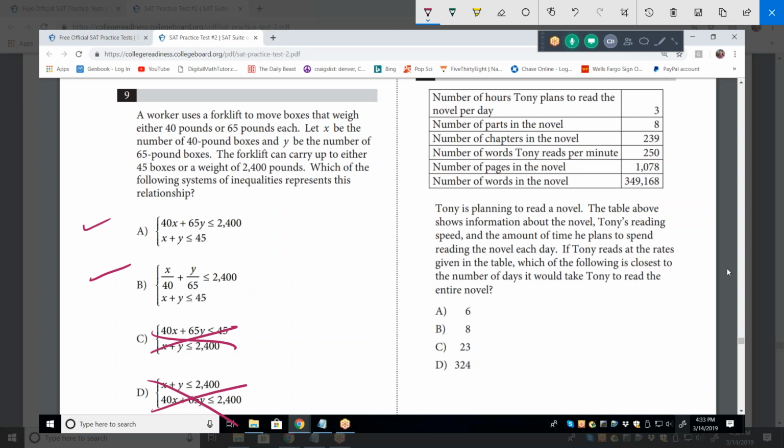If X were 10, then that would mean that you have 400 pounds of 40-pound boxes. So what did you do? You multiplied X by 40. Yes. Okay. So the total weight is what? Of the 40-pound boxes.